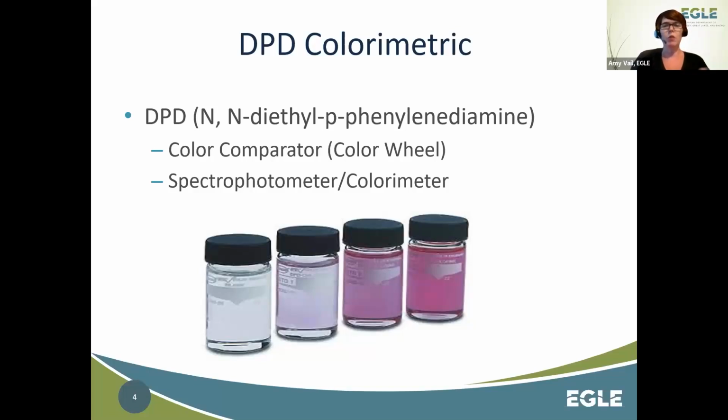They both work pretty much in the same way. They're just different types of equipment that you're using depending on what you're doing. But for every one of these, we're looking for a color change from clear to pink-red, where the darker the color means the more chlorine is in the sample.